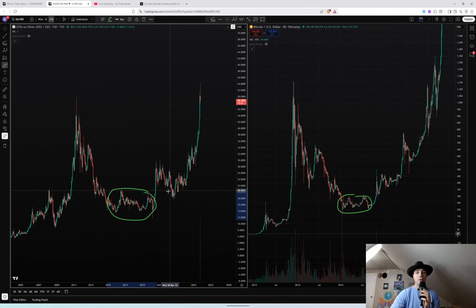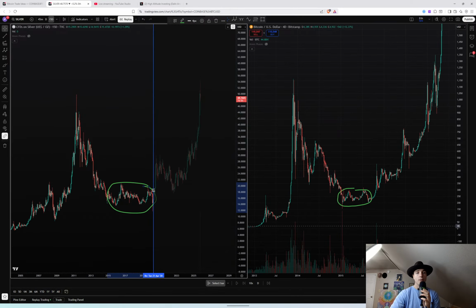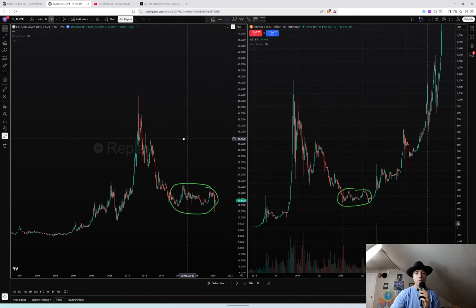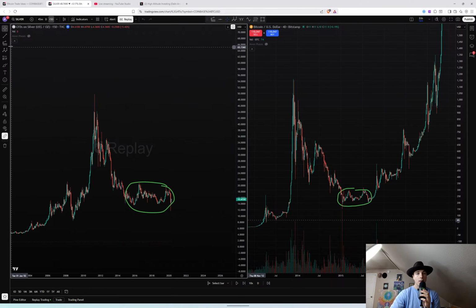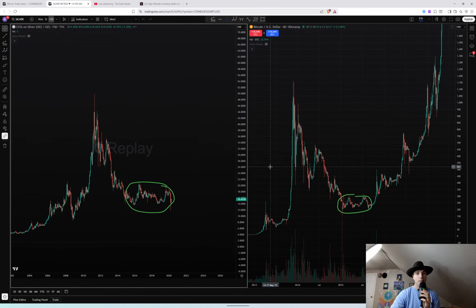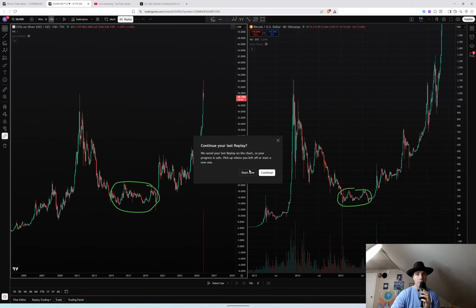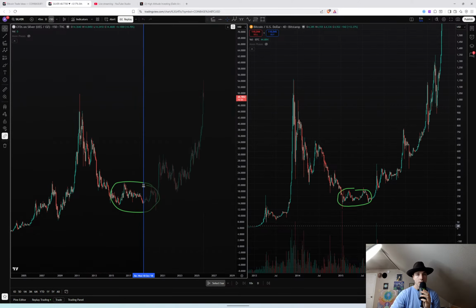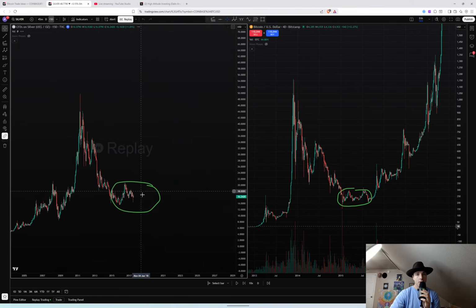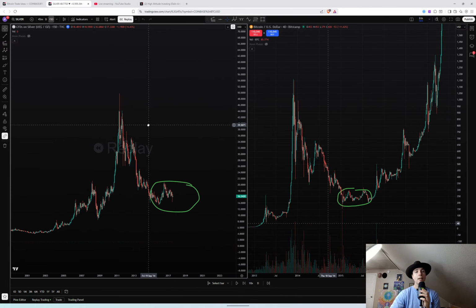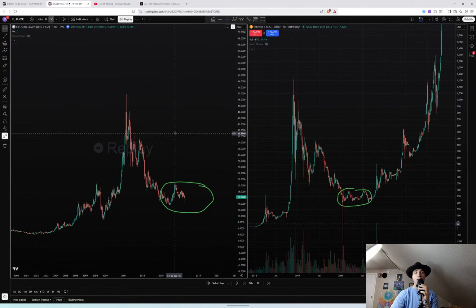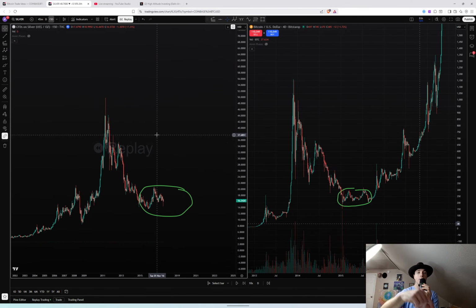Since I looked at these two charts and compared them just like this, by the way, silver was worth, let's see here, silver was worth $16 per ounce when I first did this comparison of Bitcoin and silver.